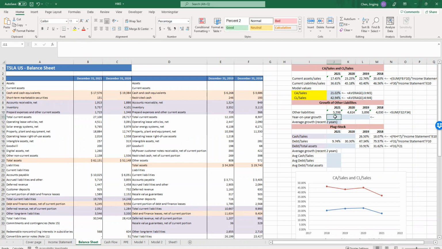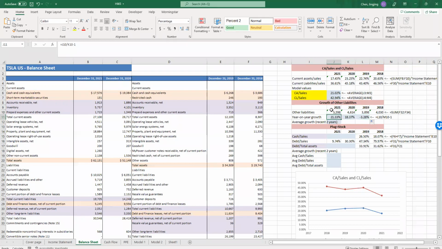For growth of other liabilities, we can use year-on-year growth. Since it's other liabilities, this item is not necessarily related to sales. So we're going to forecast the growth of this other liability just based on these historical numbers. So equals this year over last year minus 1. Okay, and then you can see it's very volatile.